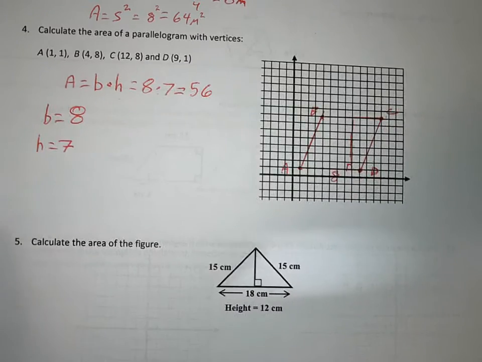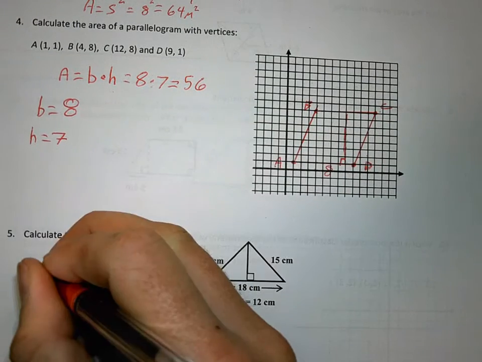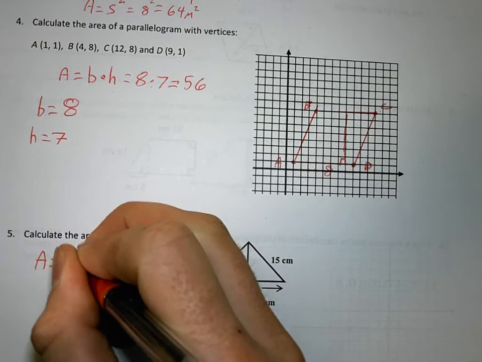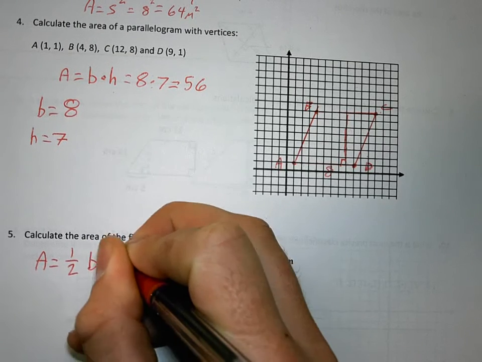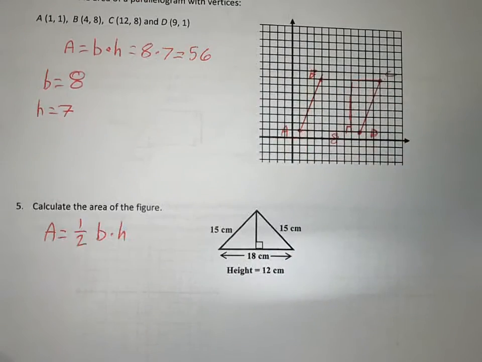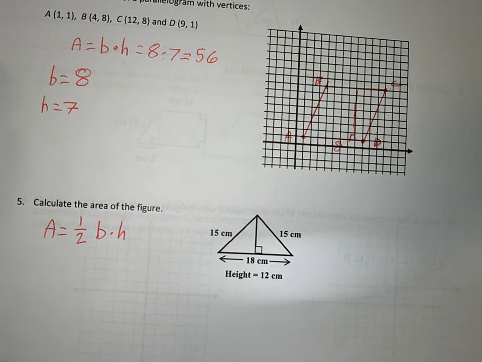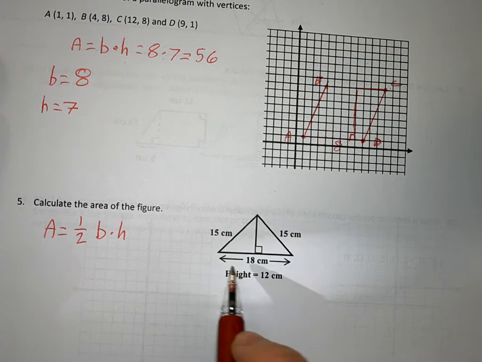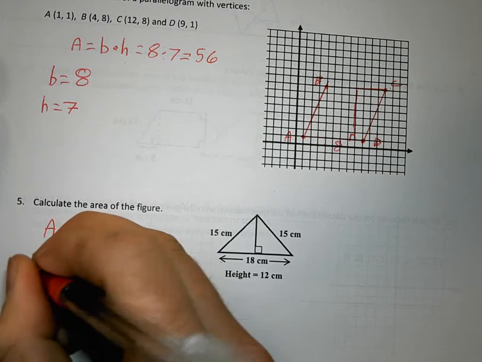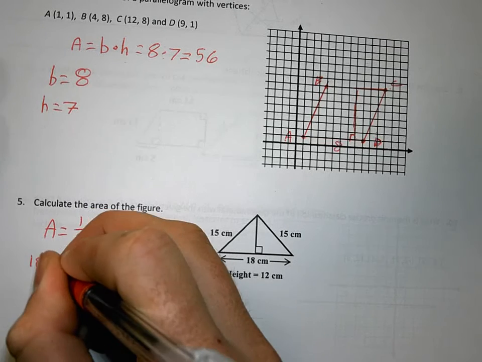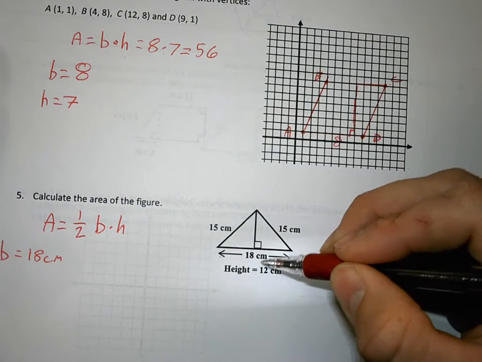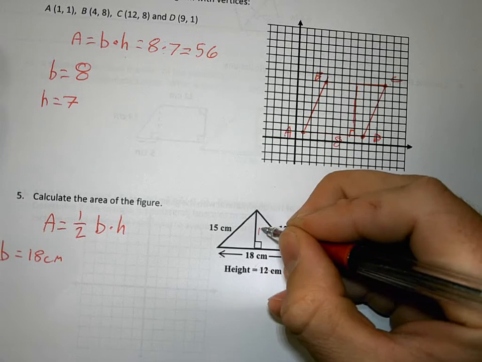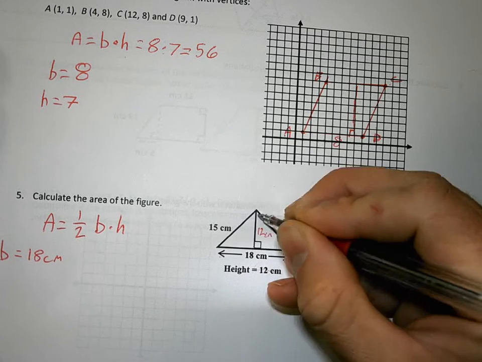Okay, calculate the area of the figure. Okay, the area for a triangle is 1/2 base times height. Here my base is 18 centimeters. My height is given here, 12 centimeters.